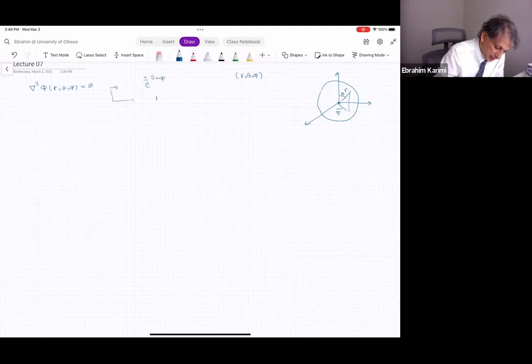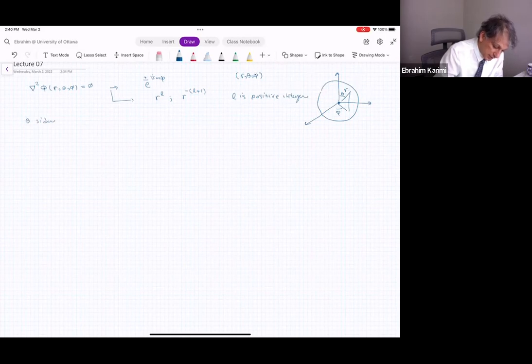So we say that it's r to the power of L, or r to the power of minus L plus 1, and L is a positive integer. Here's what we got. And then for the theta side, we got the following equation.